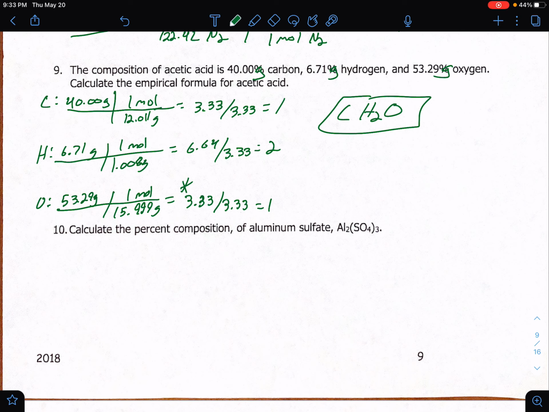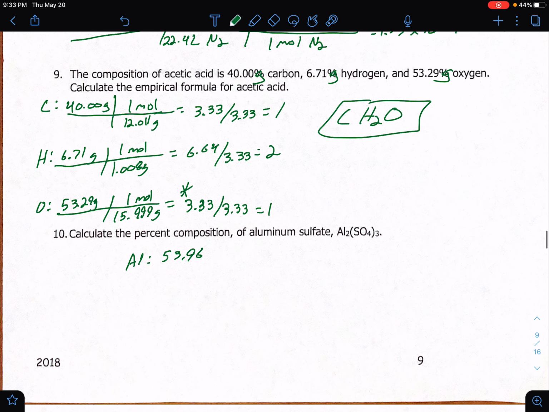Okay, 10, calculate the percent composition of aluminum sulfate, Al2(SO4)3. So basically it wants to know what percent is aluminum, what percent is sulfur, and what percent is oxygen. Okay, so if I were to add up 2 aluminums, I would get 53.96 grams.